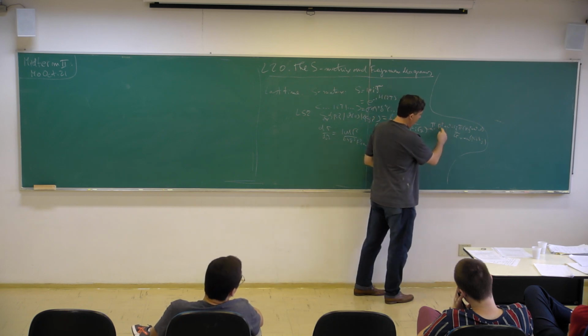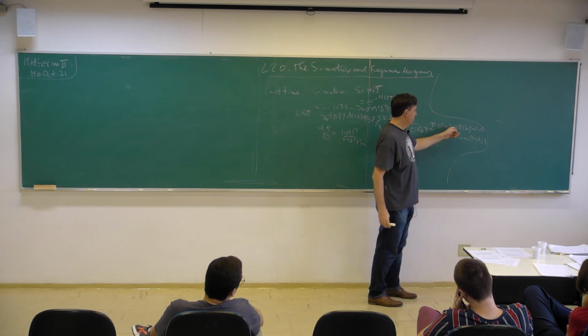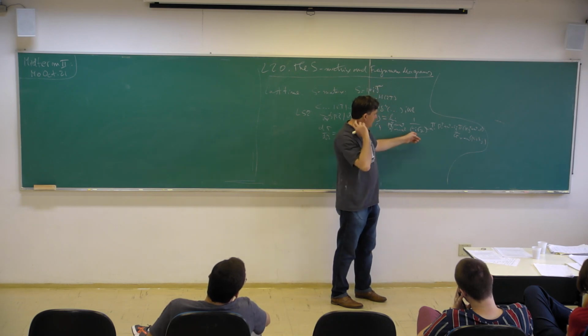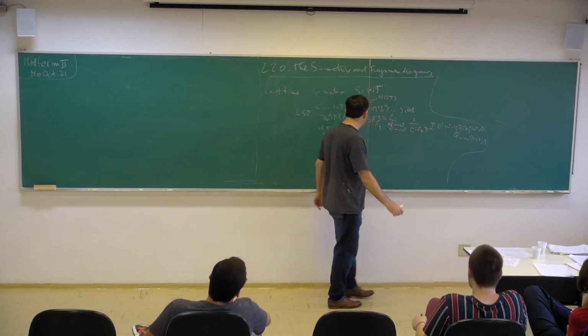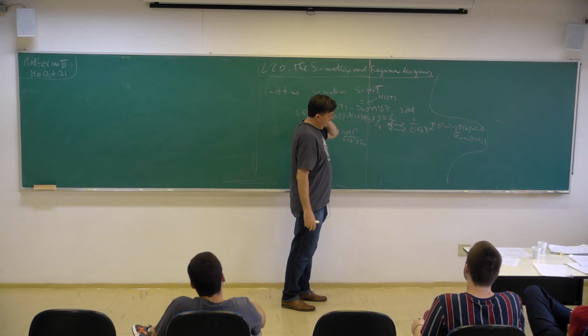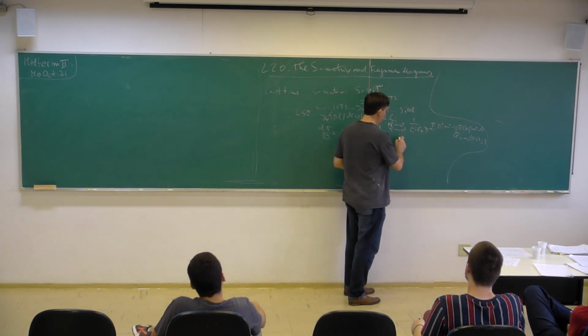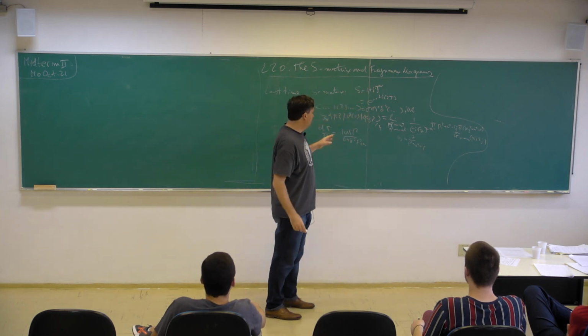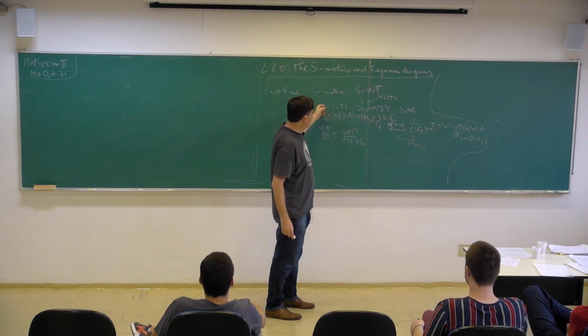So I multiply with this factor that goes to 0, p squared plus m squared minus i epsilon, and then also I consider these loop factors, which, as I said, come from the fact that the 2-point function G2 goes like i Z over p squared plus m squared minus i epsilon. In this way we relate the S matrix elements to the things that we have studied before, the correlation functions.